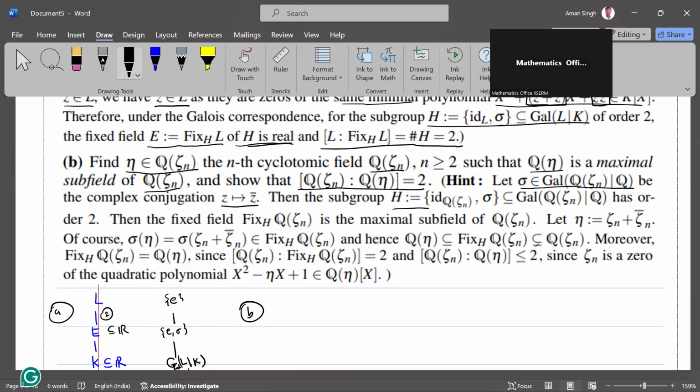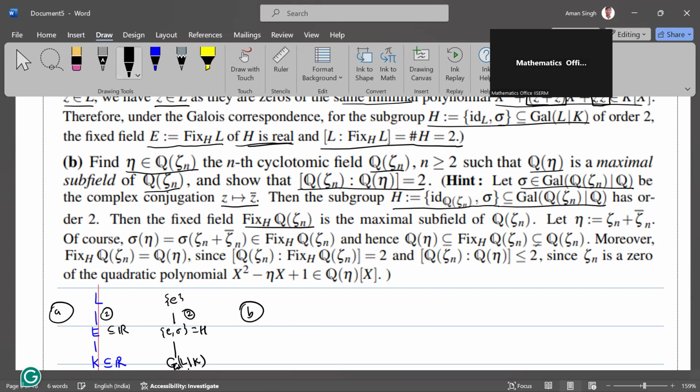So we'll get a cyclic subgroup H generated by sigma of order 2, which is a subgroup of the Galois group. Now we'll calculate the fixed field of H, because this is our H of order 2.